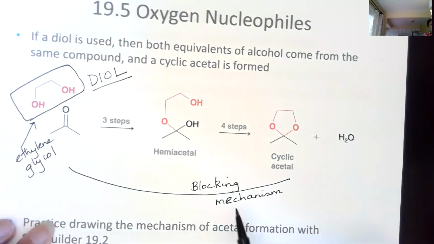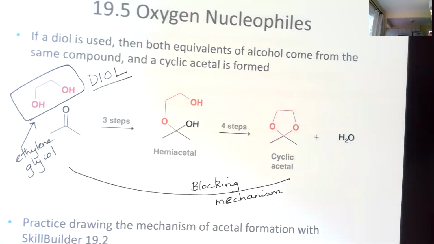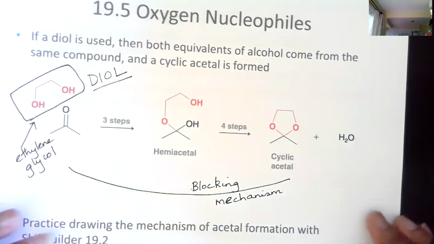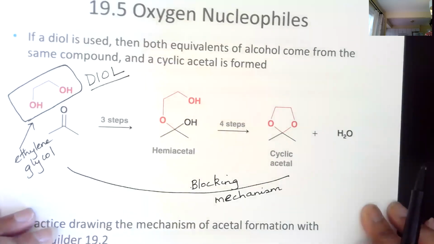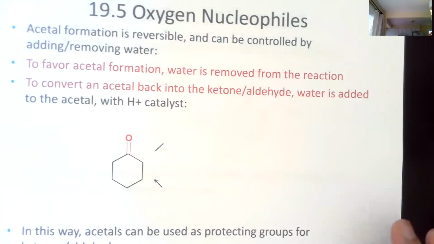Got that? So we'll be using this to block off. Remember, we had a blocking mechanism for the Grignard reagent reaction. We have a blocking for the aromatic substitution with the sulfuric acid. Okay, and this is the third blocking mechanism.